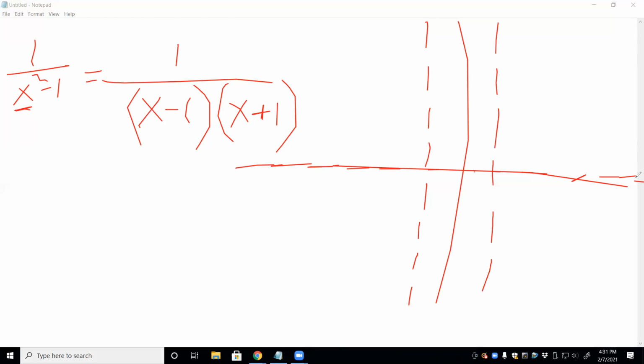So there's my grid that I would start graphing this thing on. And this looks like it's going to do something like this, maybe.